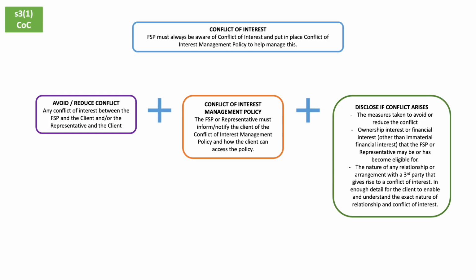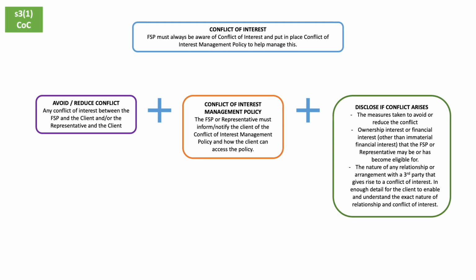Where a conflict of interest has arisen, as a minimum, the following must be disclosed. 1. The measures taken to avoid or reduce the conflict. 2. Ownership interest or financial interest, other than immaterial financial interest, that the FSP or representative may be or has become eligible for. 3.